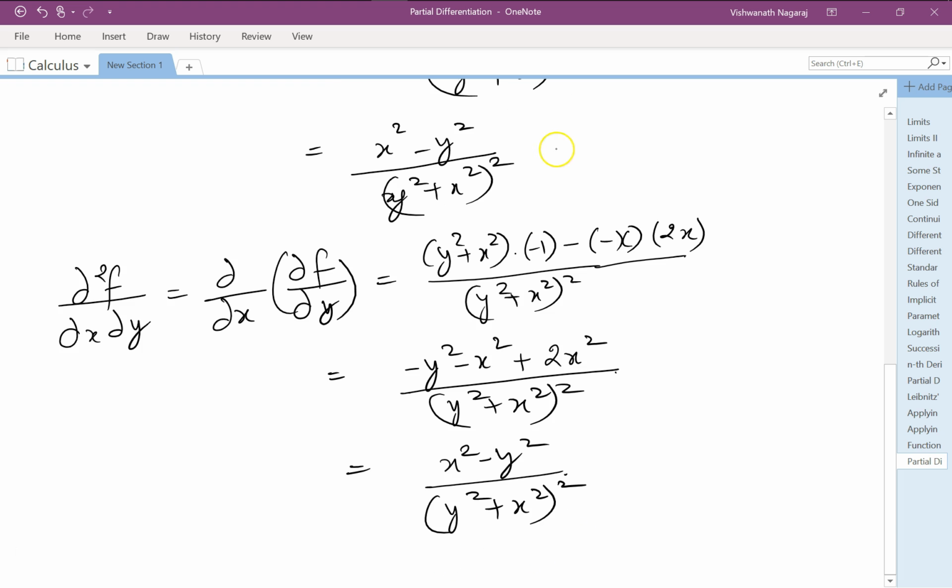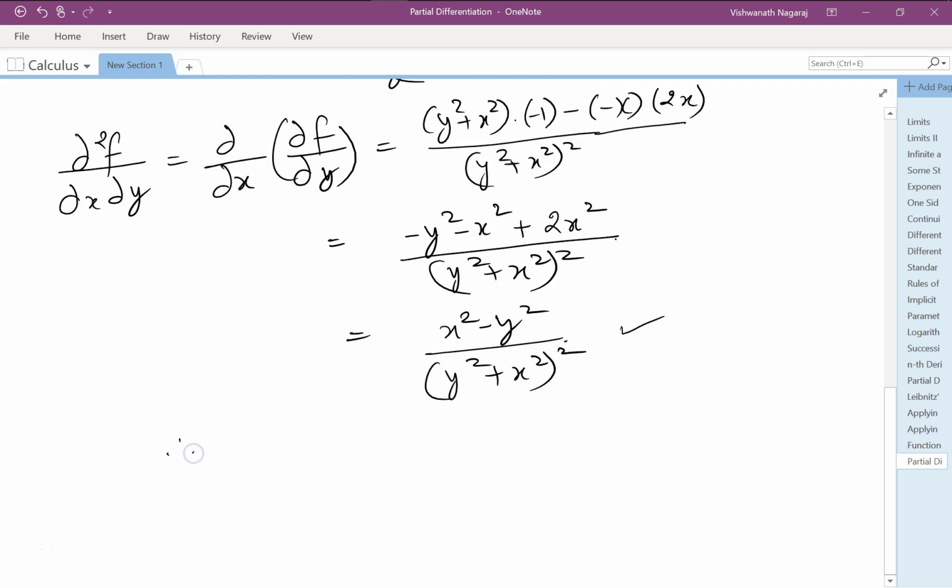Now if you notice, this and this, they are both equal, so therefore dou square f by dou y dou x is equal to dou square f by dou x dou y.